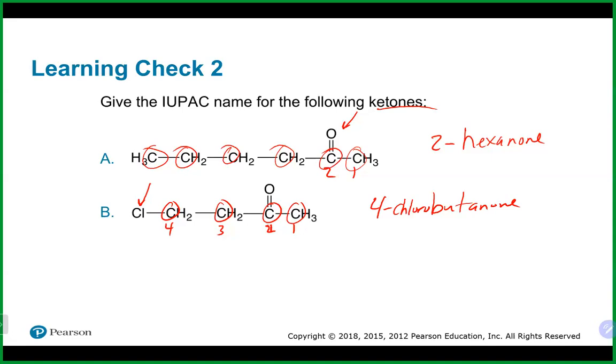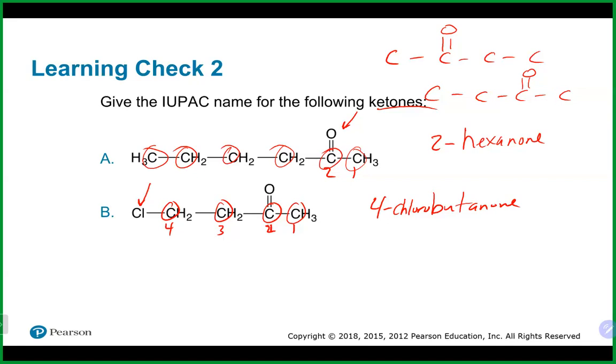You don't have to, because really in this case, butanone will always be 2, because you need those 3 carbons. If you put it here, that would be 2-butanone. If you drew it here, that would be 2-butanone as well, because you want to give the smallest number. So you really don't get an actual difference in terms of where that would be until you get to about 5 carbons, stuff like that.